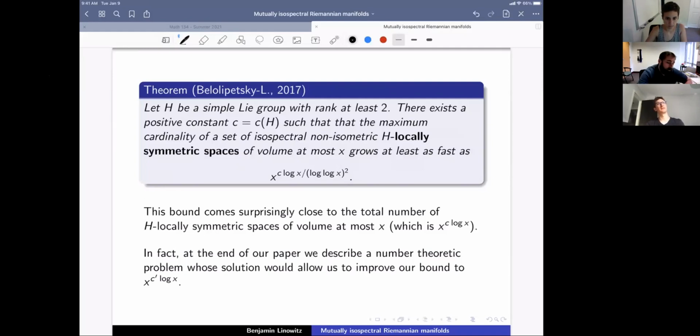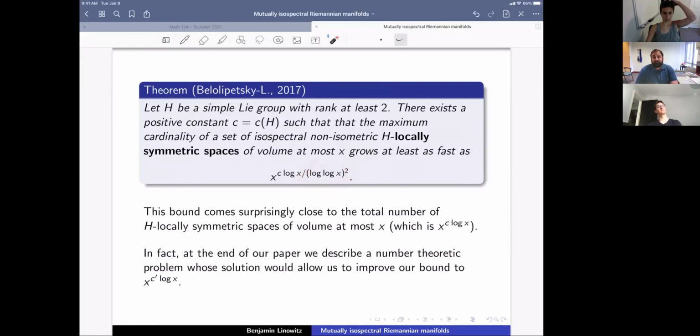And so if you could get rid of this log log X factor, then this would be telling you that a large proportion of all locally symmetric spaces with a certain volume belong to isospectral families.